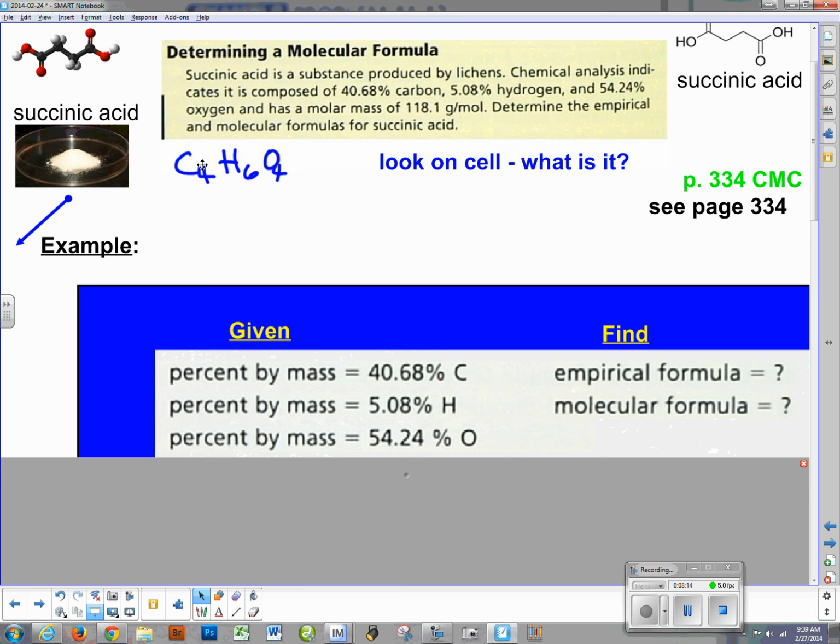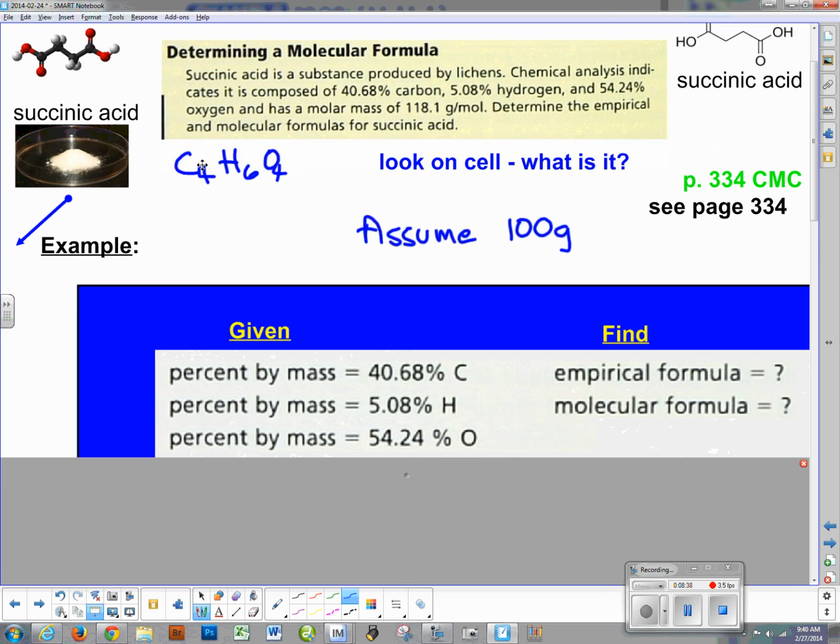Since it is mass percent, why not call it grams? But how many grams do I have? That's the question, right? So they make the assumption, we're going to assume that we have 100 grams.